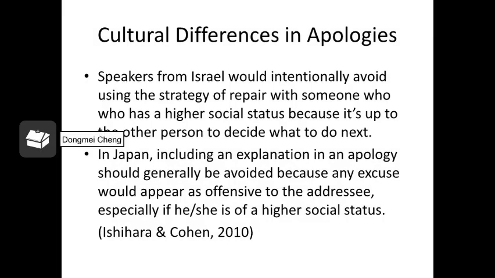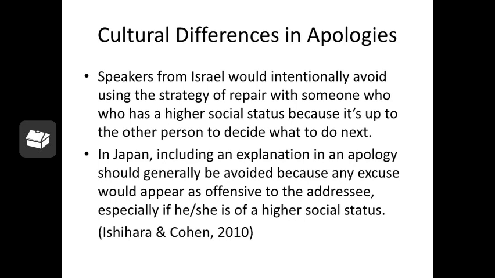The authors of our textbook also give 2 more examples on cultural differences in the speech act of apologies. Speakers from Israel would intentionally avoid using the strategy of repair with someone who has a higher social status, because it's up to the other person to decide what to do next.